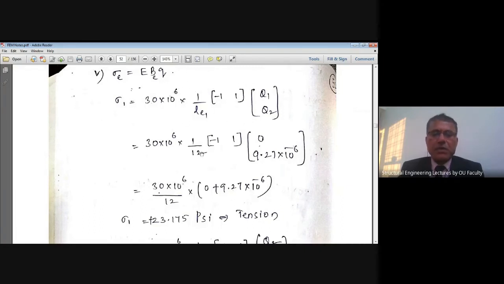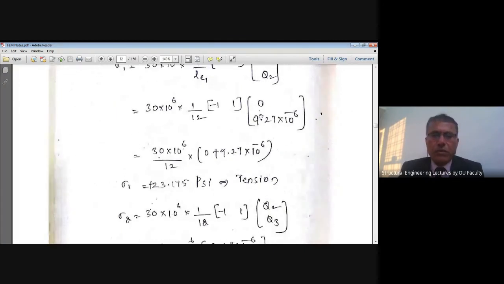The length of the first element is 12 inch, minus 1 1, and this Q is along Q1 and Q2, because the element connectivity table for element 1 says the first local degree of freedom is along global degree of freedom 1, and the second local degree of freedom is global degree of freedom 2.